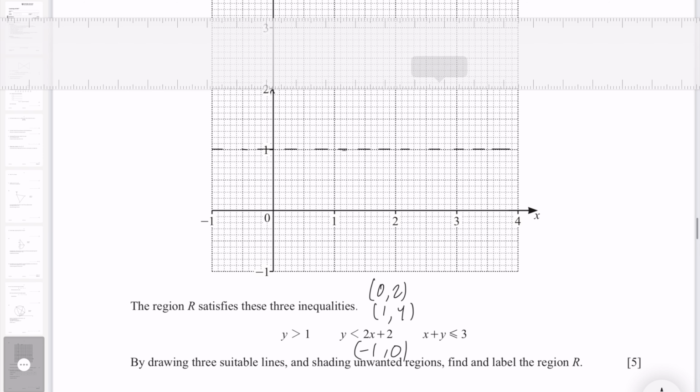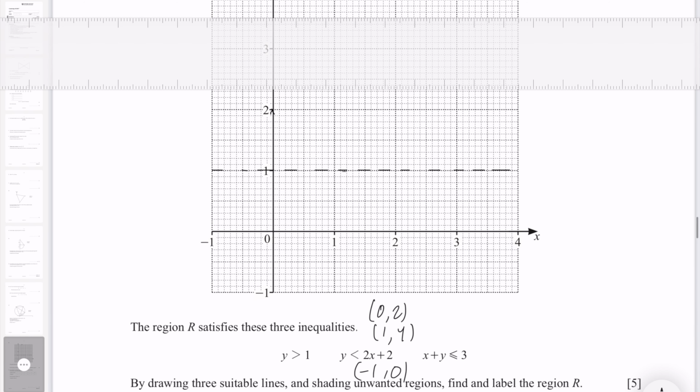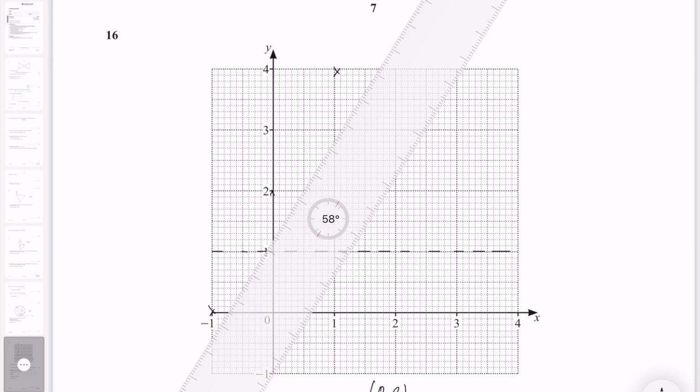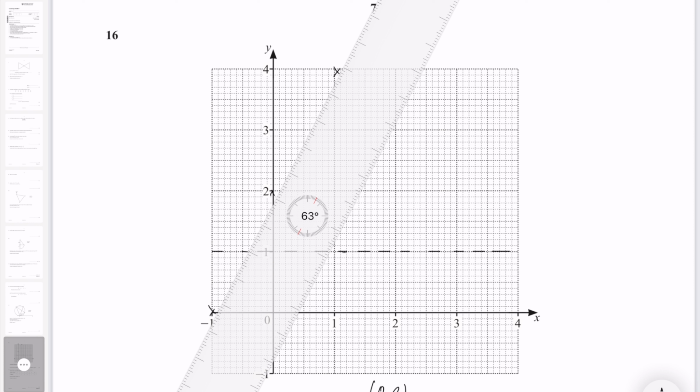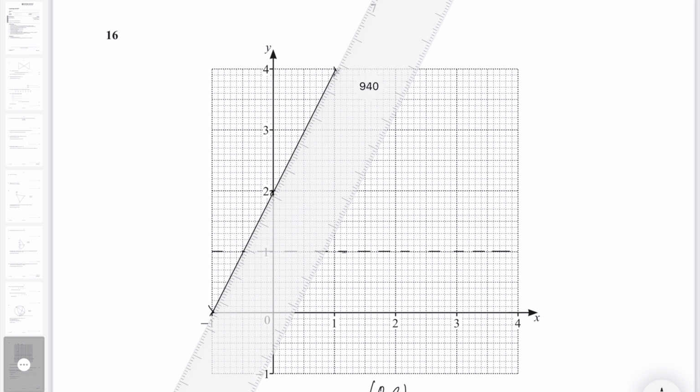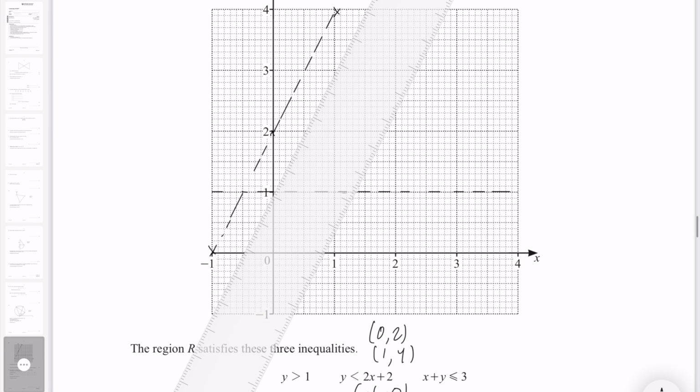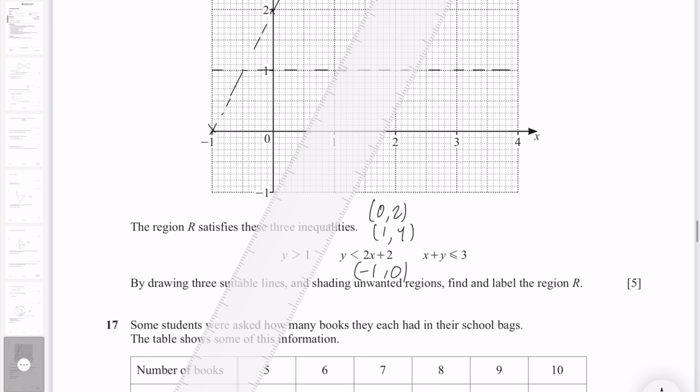And negative 1, 0 is here. Okay, so I can see my line. Oh wait, it's a dotted line because, yep. Okay, so those are my two regions.